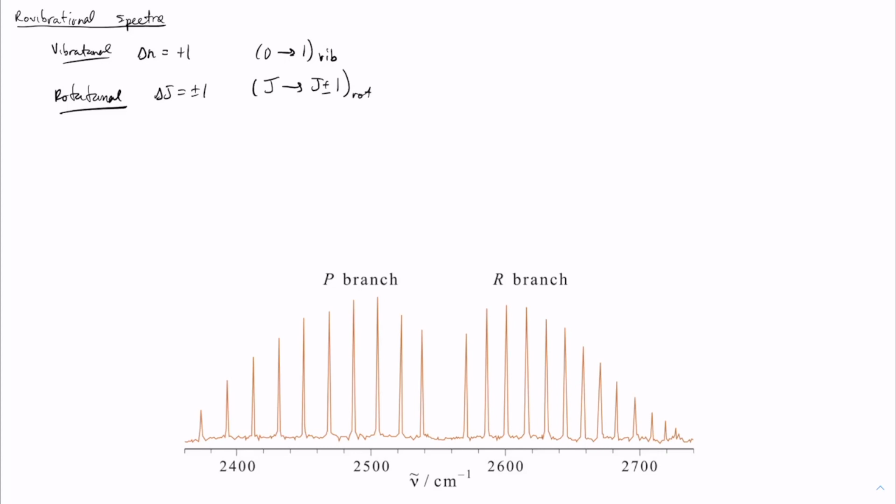And it's these two types of transitions that will give rise to what are known as the P and the R branch. So let's start with the R branch, which is the one on the right. The R branch comes from transitions with delta n equal to plus 1 and delta j equal to plus 1.